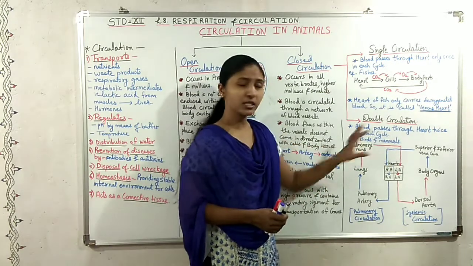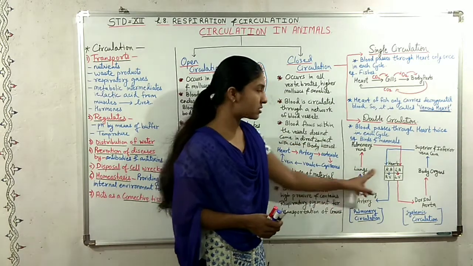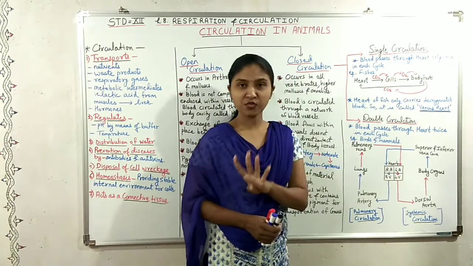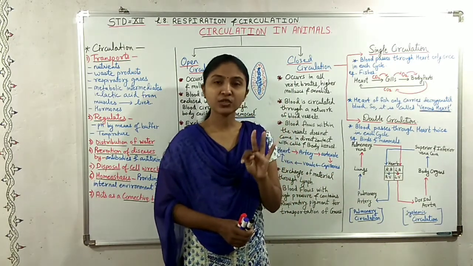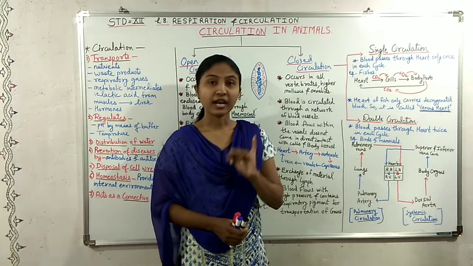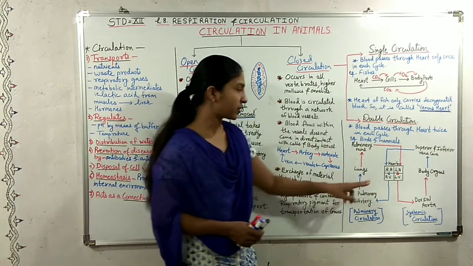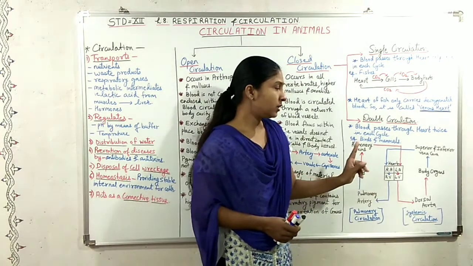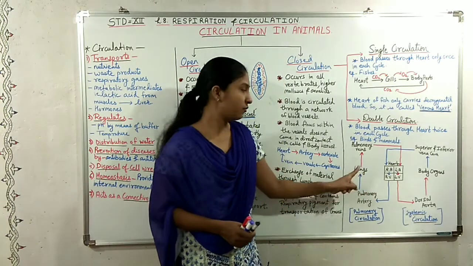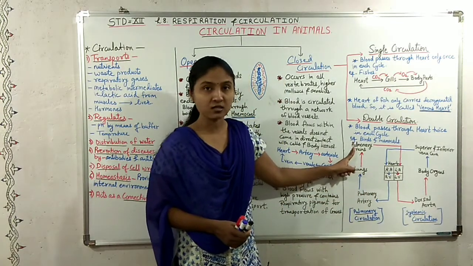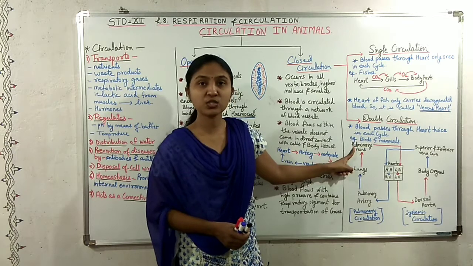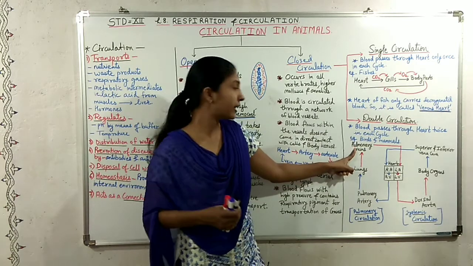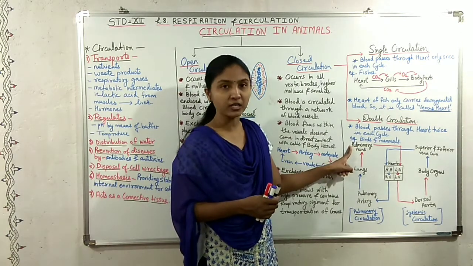Now, in this circulation, what happens? The heart has 4 chambers: right atrium, left atrium, right ventricle and left ventricle. So here the oxygenated blood which is given out from the lungs is circulated through the pulmonary veins.